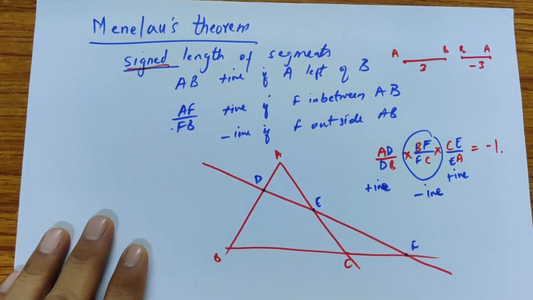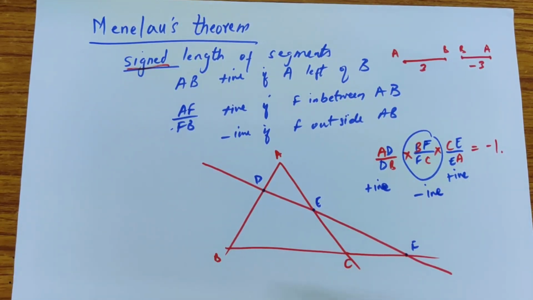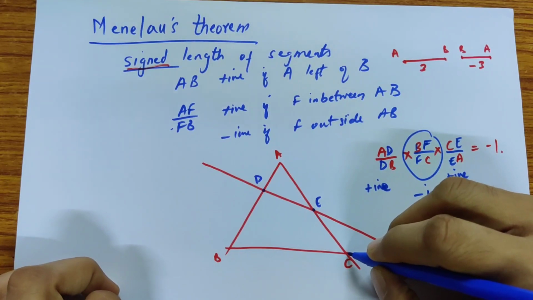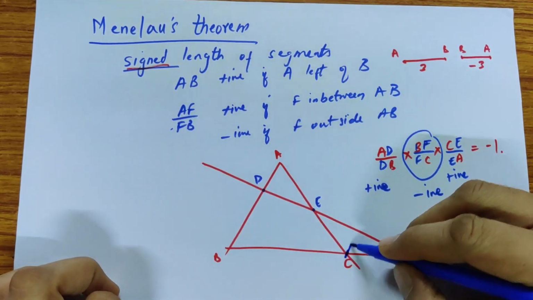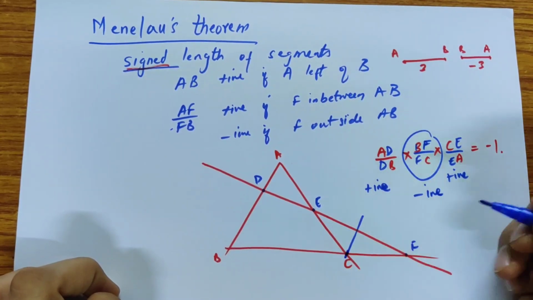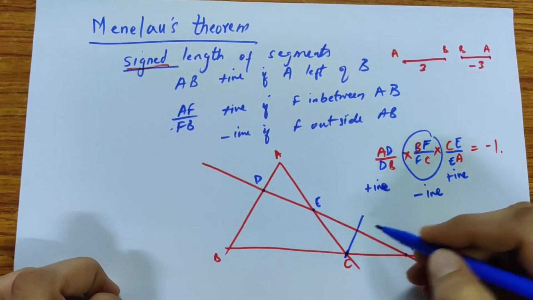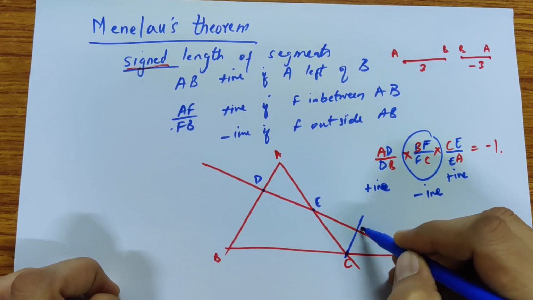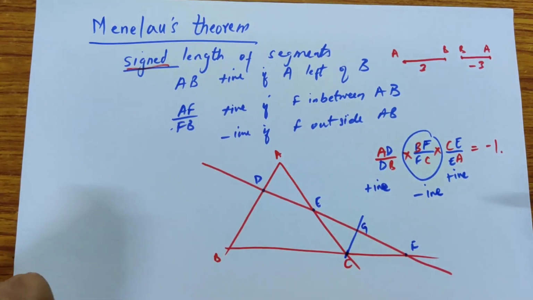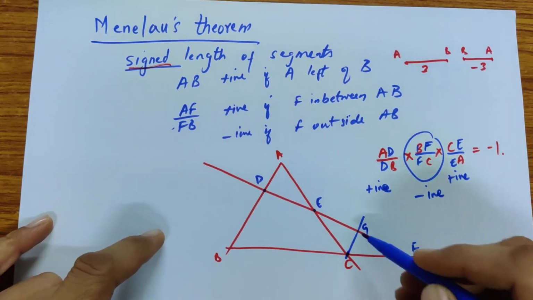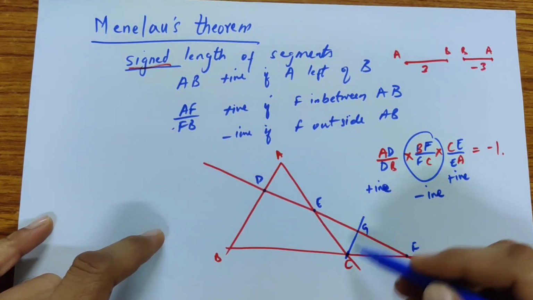The only thing is there's also a cute proof for it. The cute proof involves a line through C that's parallel to AB. Let's say this cuts it at G. Then you use the concept of similar triangles to put things back in terms of CG.